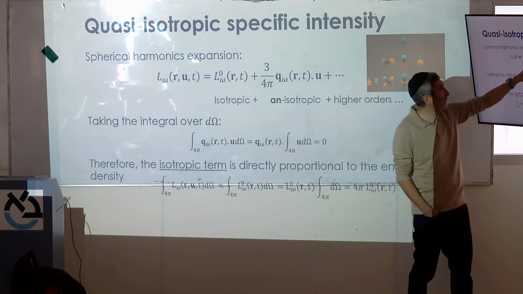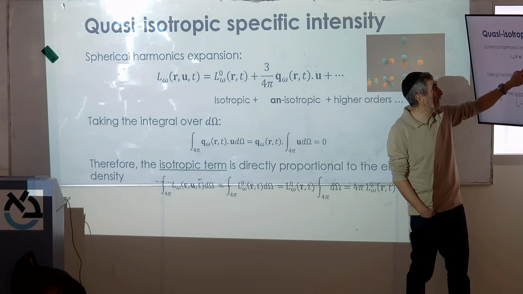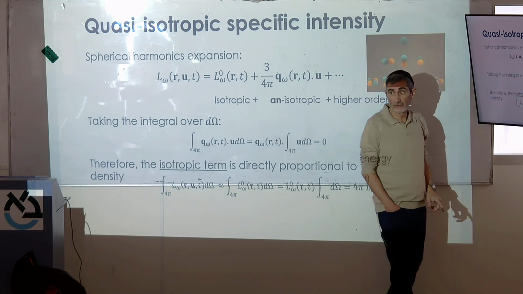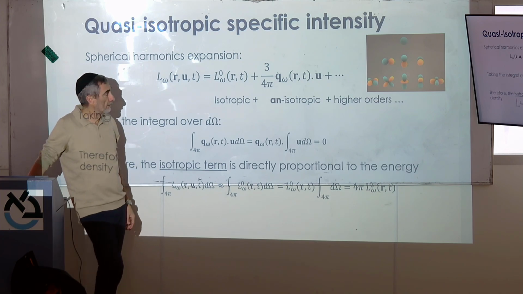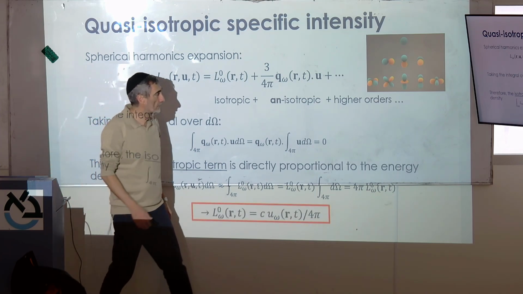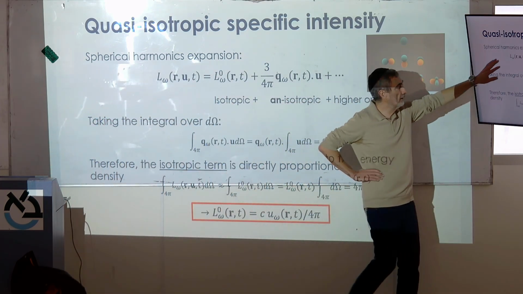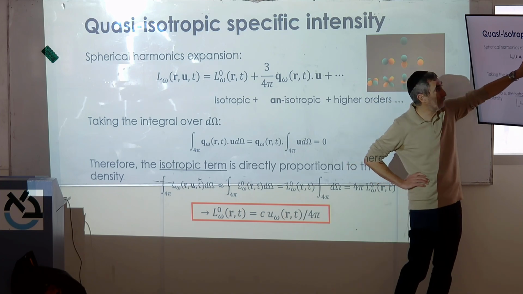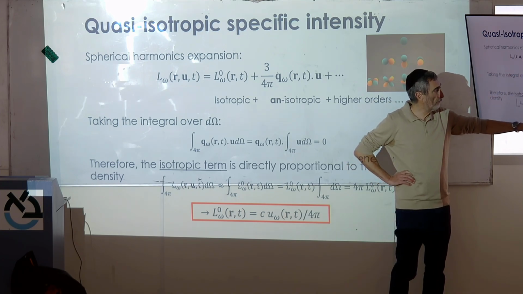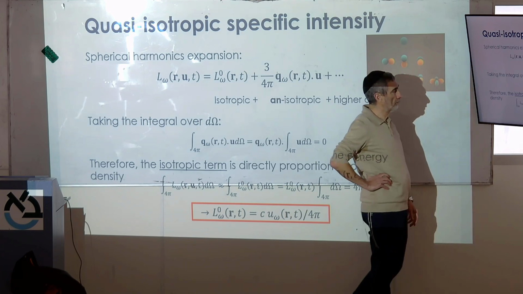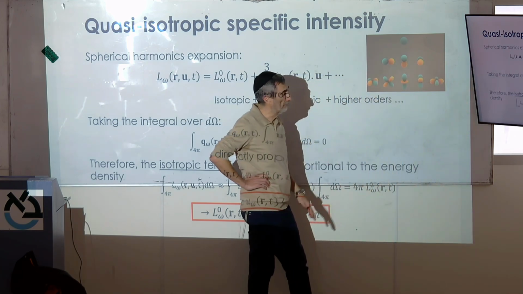So we have an expression for this term: it is 1 over 4 pi times the energy density. Now we can easily replace L in the equation. If I consider only the first term, I can replace L by C over 4 pi U, where U is the energy density.